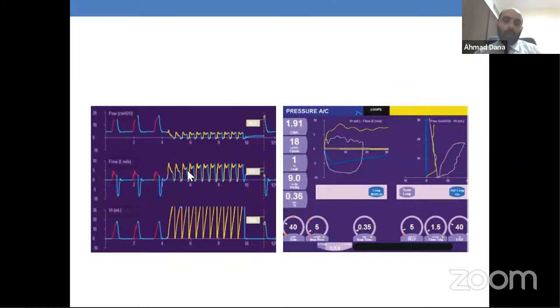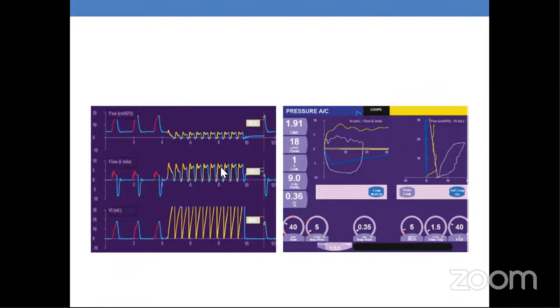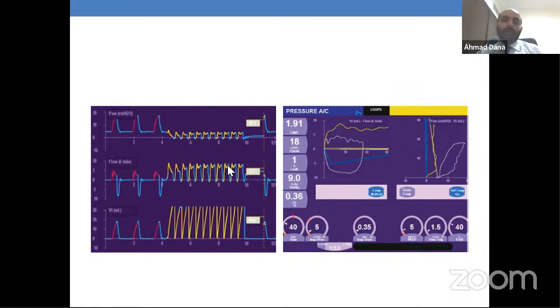So the air is going in the inspiration, is not coming in the expiration. Again, the same thing. Inspiration, continuous flow. What does it mean? Well, there is some disconnection. Extubation. Exactly. The baby is extubated. So this is a tube displacement.